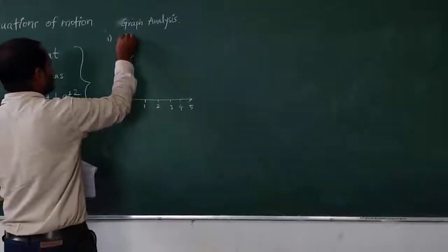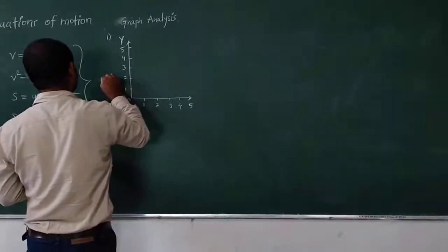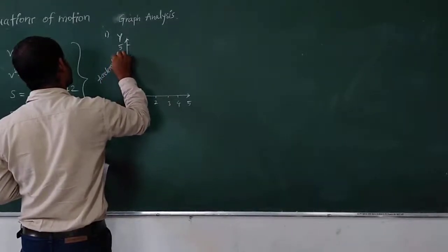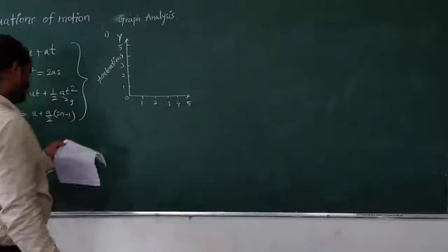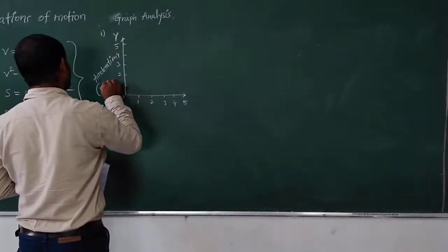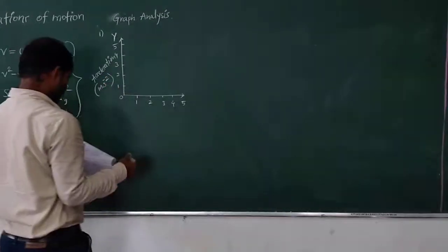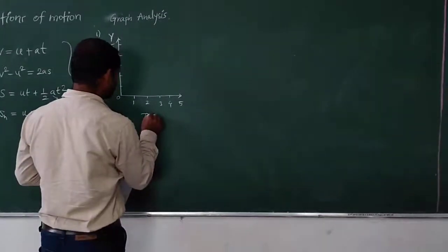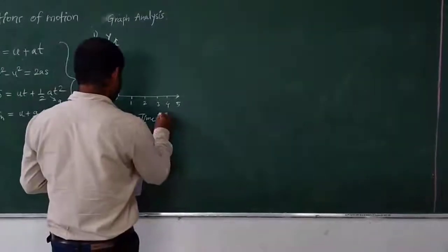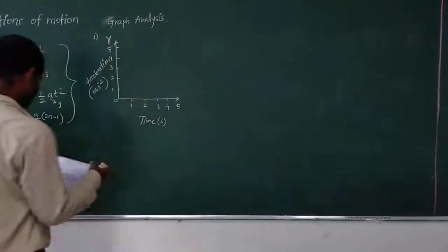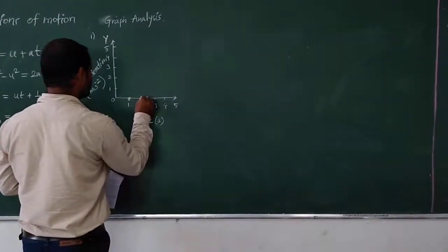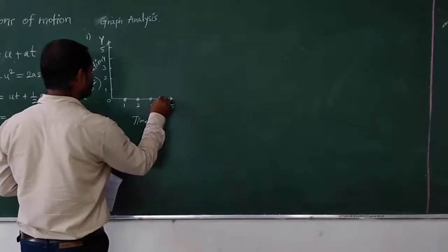The y-axis is acceleration, unit is meter per second square, and the x-axis is time, unit is second. Suppose in the graph these points are shown, what does it mean?